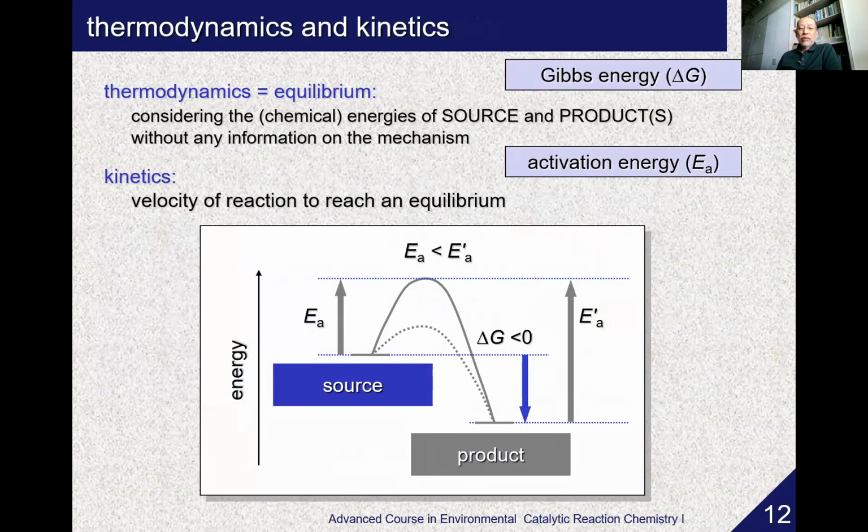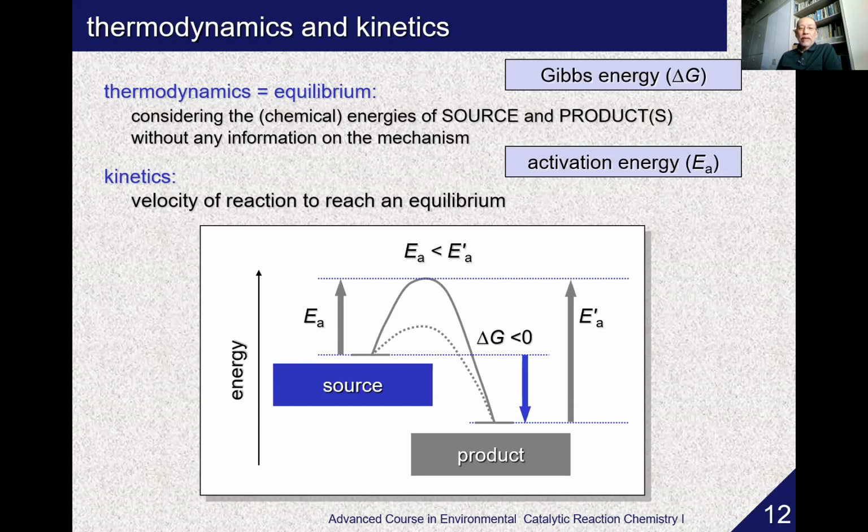Actually, probably you already know that thermodynamics is about equilibrium. So thermodynamics is controlled by the Gibbs energy change. For the reaction shown in this picture, the source is converted into product.